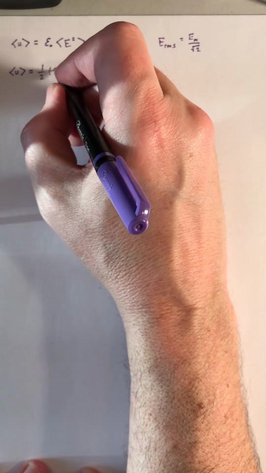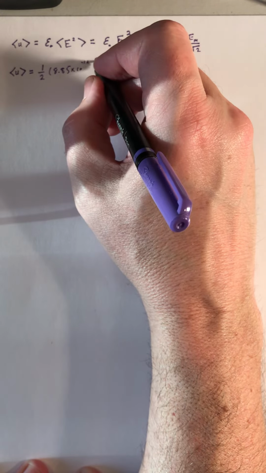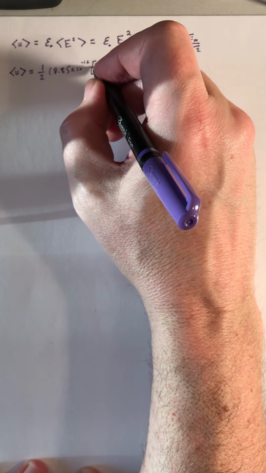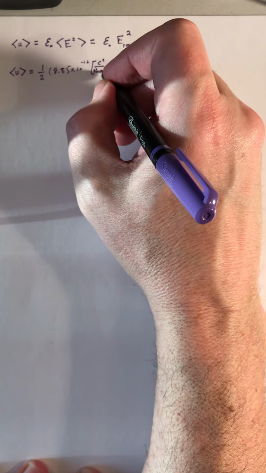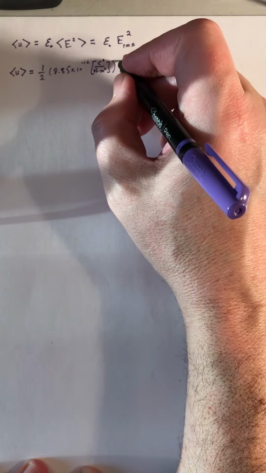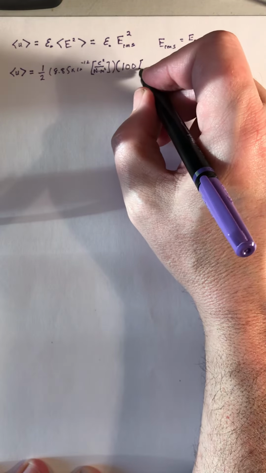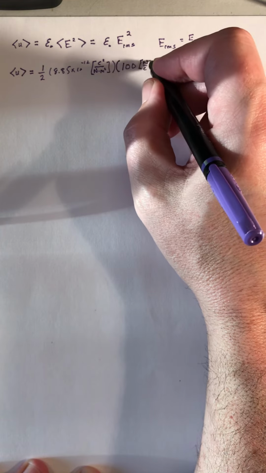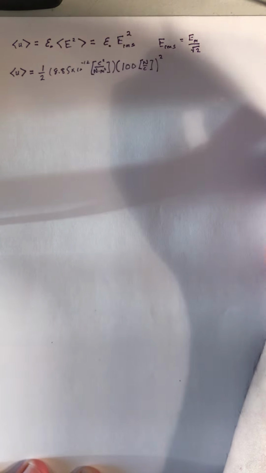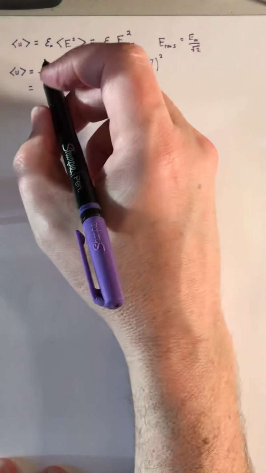Permittivity of free space, 8.85 times 10 to the minus 12. That's Coulomb squared per Newton meter squared. And our electromagnetic wave had an electric field with an amplitude of 100 newtons per coulomb. And you work out what that is.